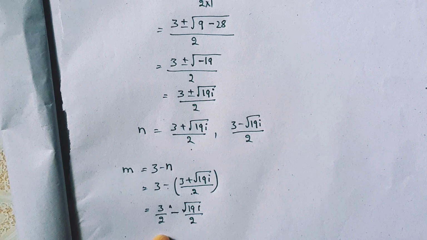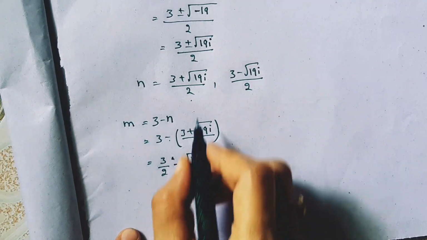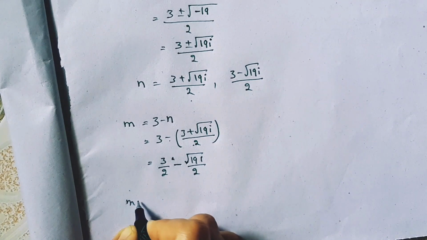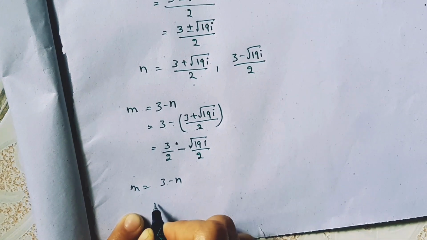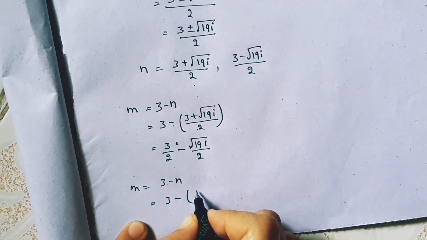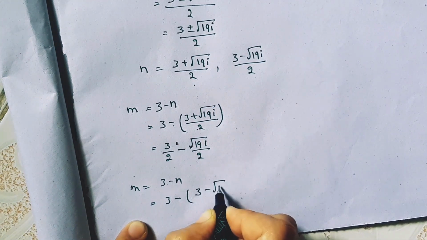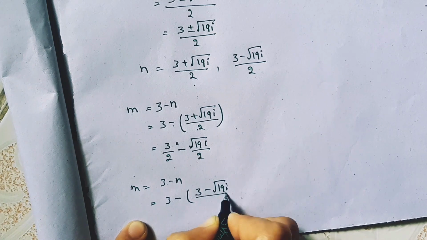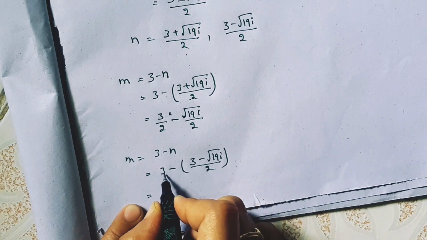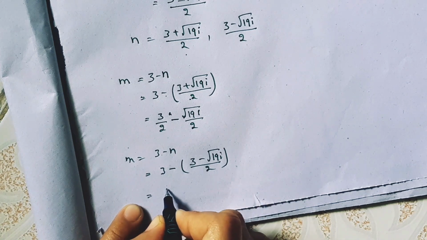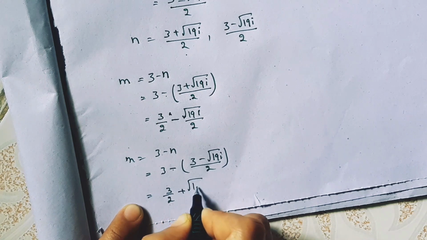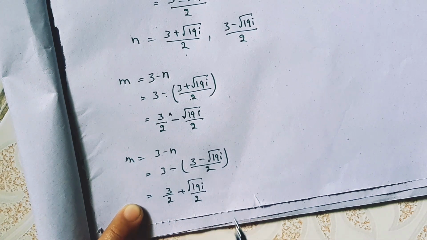So this is one value, and again now I have to take this one, then m equals 3 minus n. That implies 3 minus (3 minus square root of 19 i)/2. What will happen? 3 twos are 6, 6 minus 3 means again 3/2, minus of minus is plus square root of 19 i by 2.